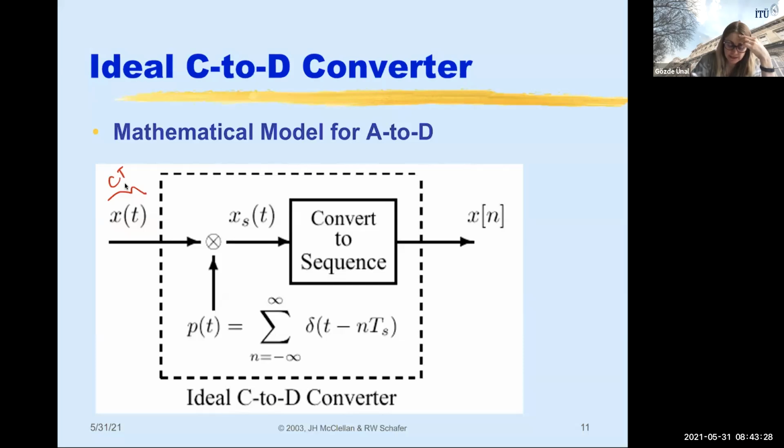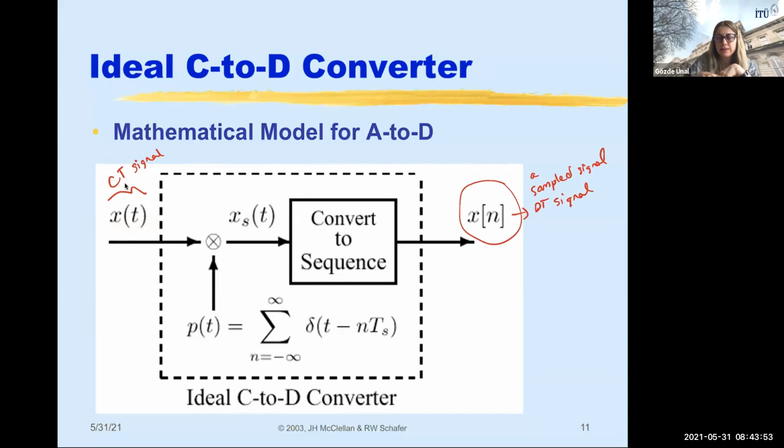Because at the end, you see continuous time signal goes in, and look at this, a discrete time signal. So a sample signal. This is a sample signal, right? A sample signal goes out. So this is the system you see in the box. So we study an ideal continuous to discrete converter.